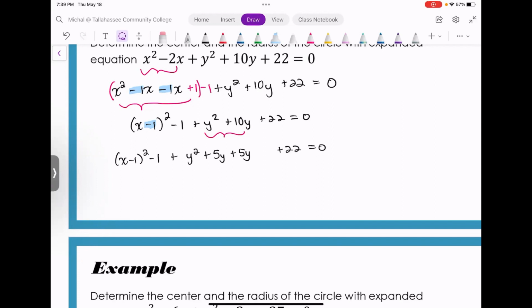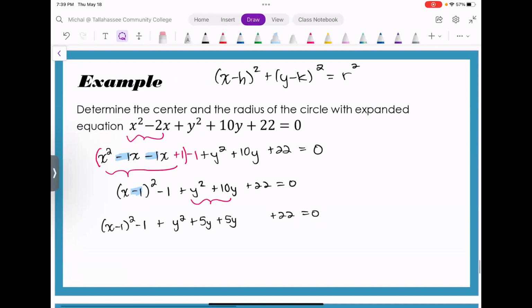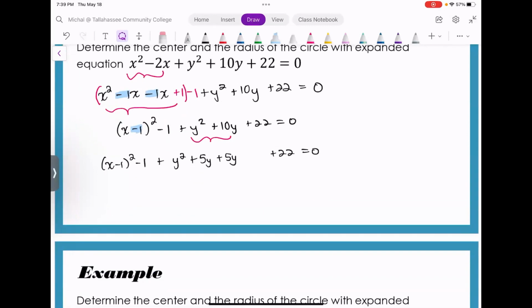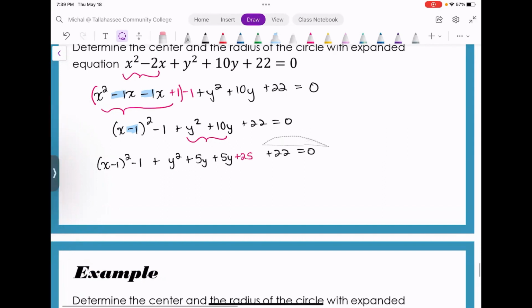Notice I left some space here because I know I'm going to be adding and subtracting the perfect square of 5. This is 5 squared.